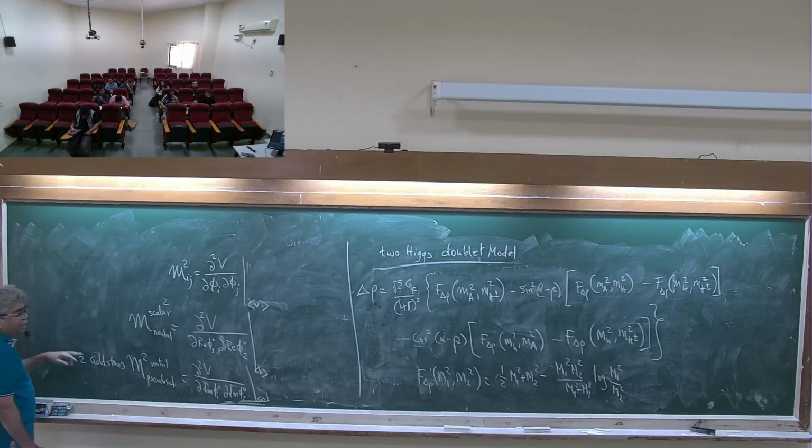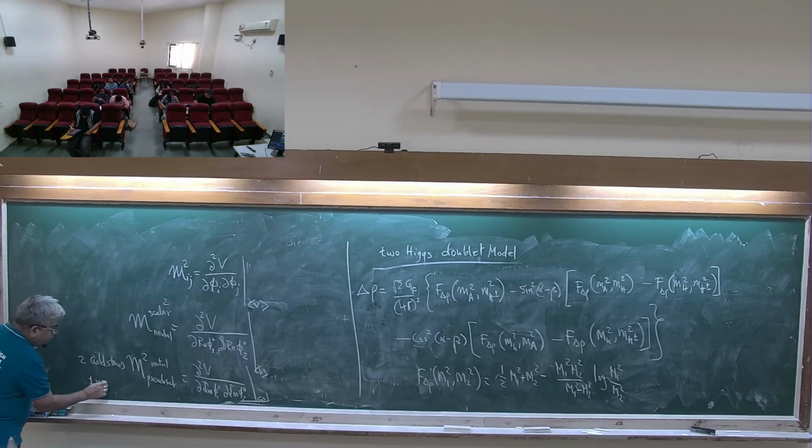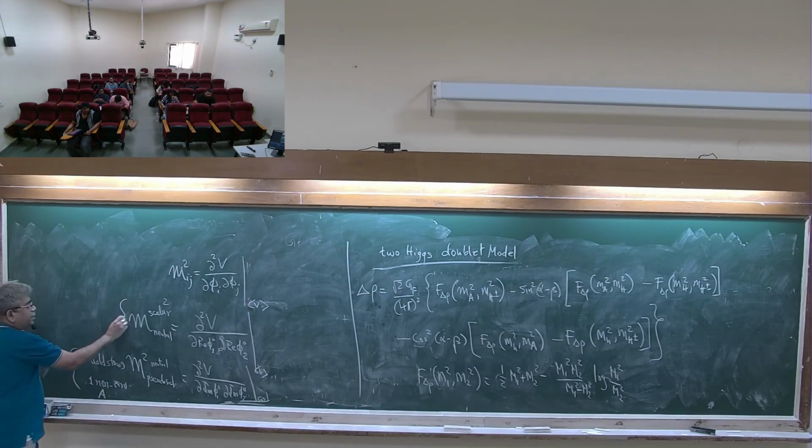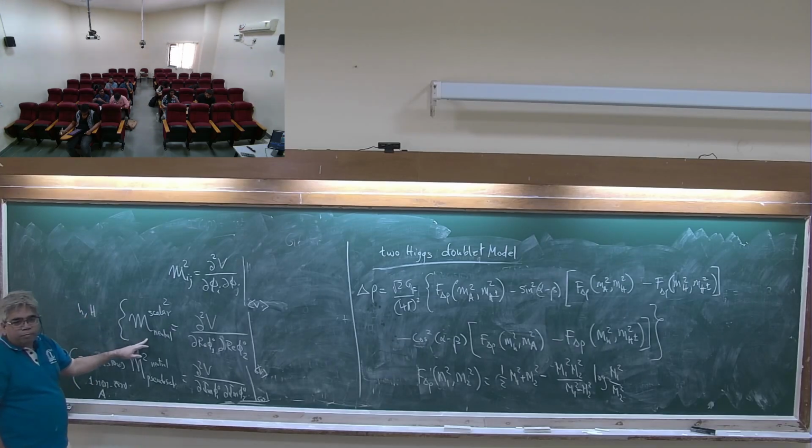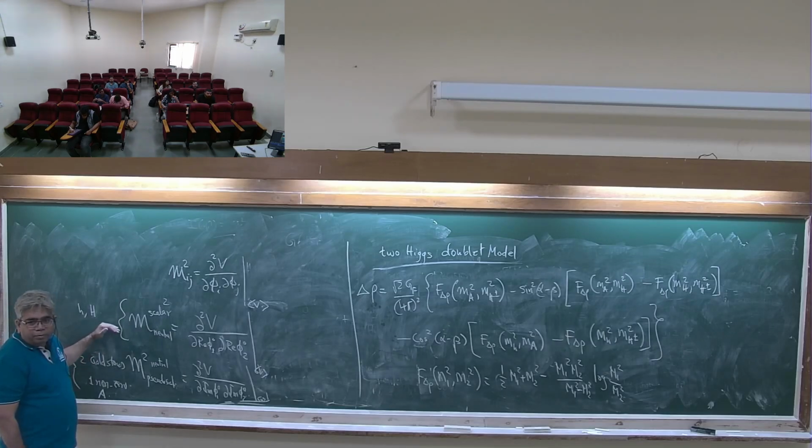So that means 2 eigenvalues are 0 and only one non-zero eigenvalue, which we call the pseudoscalar Higgs A. This contains 2 by 2, no zero eigenvalue, both of them are real matrices, and the mixing angle between them is called alpha.